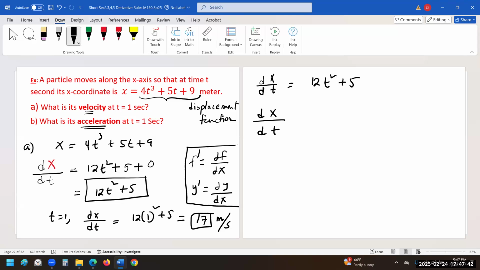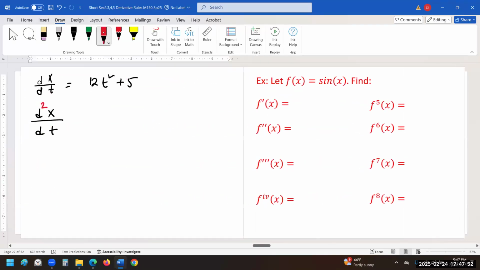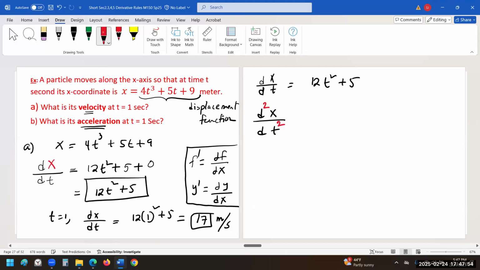In order to tell others that this is a second derivative, we put a 2. So d squared, and then on the denominator, the power goes on the variable, not on d. So d to the power on your function, divided by d and then independent variable squared. That's how we represent second derivative.